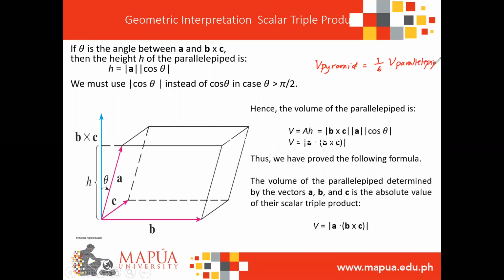And with that, the volume of the pyramid is equal to 1/6 of the absolute value of the scalar triple product A dot quantity B cross C. Or we can also have 1/6 times the absolute value of u dot v cross w if we have u, v, w as the given vectors, so we can also use this formula.